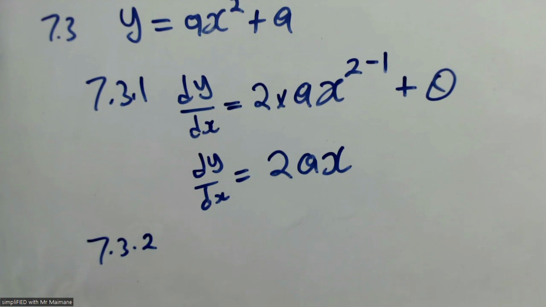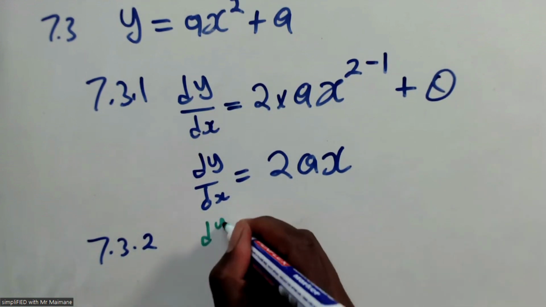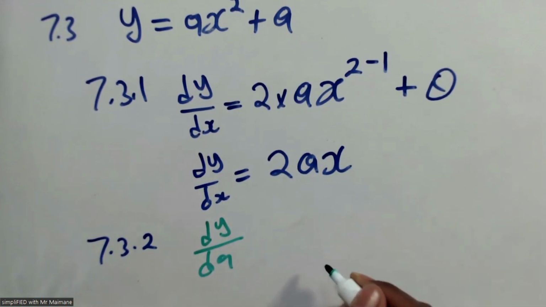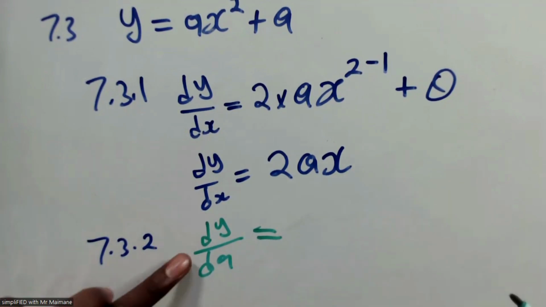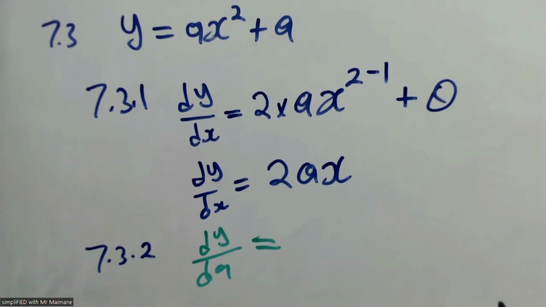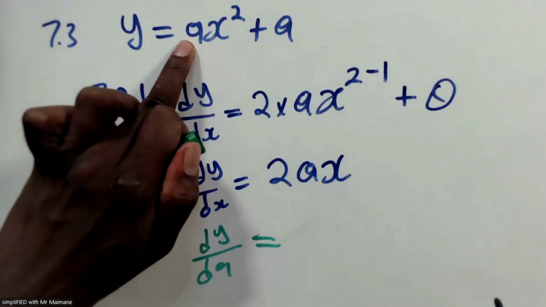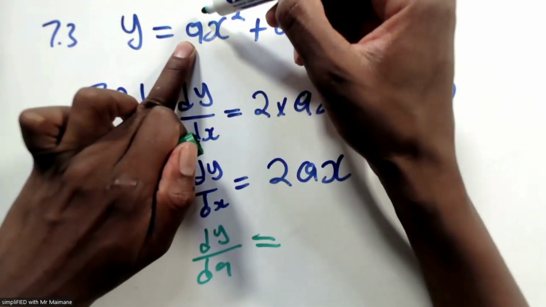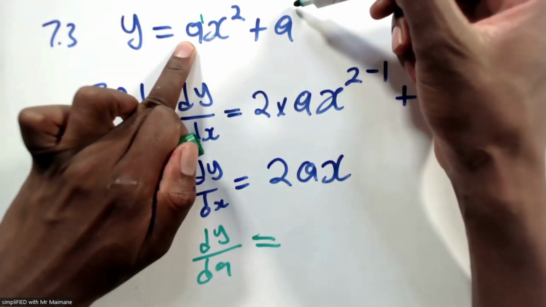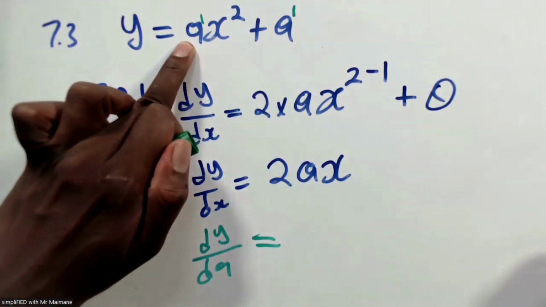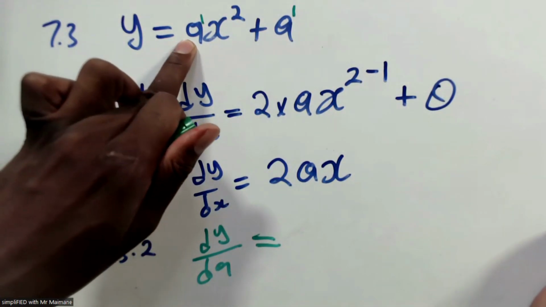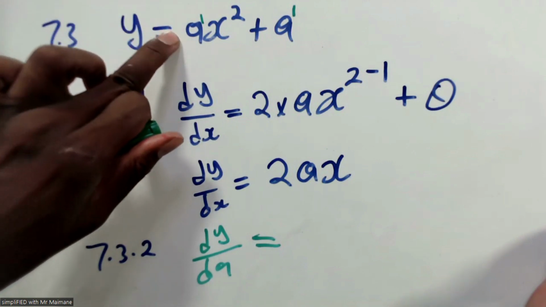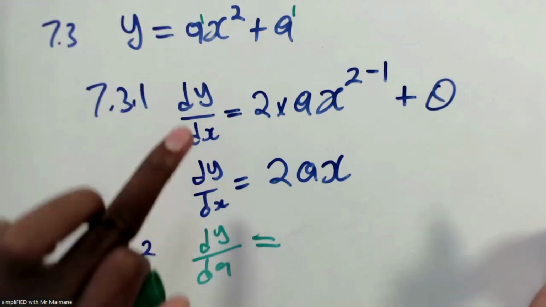For 7.3.2, just because of the coloring there, let me use a different color. We have to find dy over dA. Now we are looking at a as our variable. Here a is to the exponent 1. If I apply differentiation rules, I take the 1, multiply it in front, and subtract the 1 from the exponent.